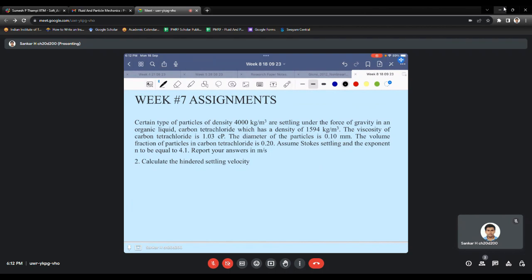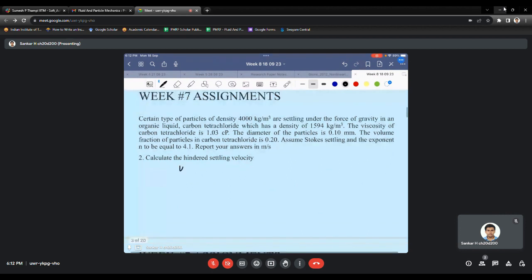So hindered settling velocity is given by this equation where we take the terminal free settling velocity times epsilon power n.